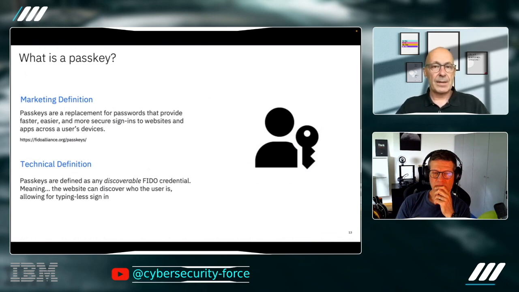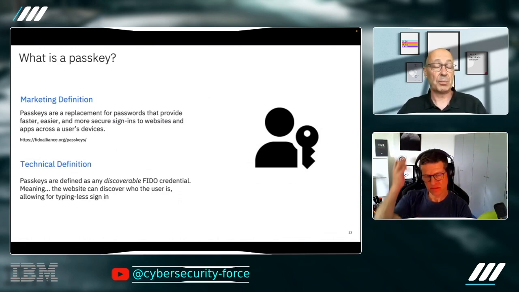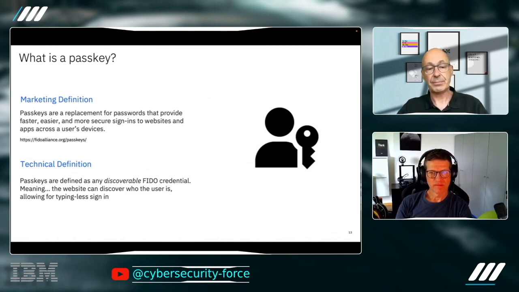So the website can discover who the user is, and this allows for what is called typing-less sign in. You don't have to type anything. It will suggest, do you want me to use this credential? And that's very similar to what we're used to today with passwords, in fact, because it's the famous autofill in the different browsers, Chrome, Firefox, and so on.